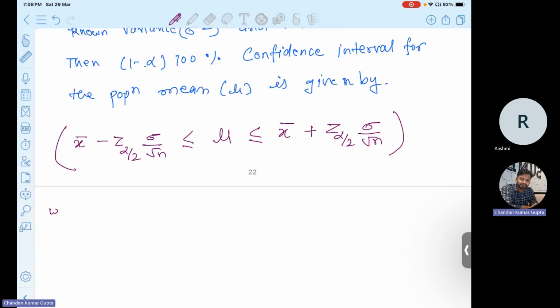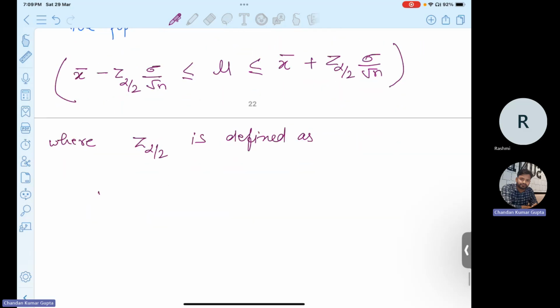Here z alpha by 2 is the upper quantile, and is defined as the value for which the probability that z is greater than z alpha by 2 is alpha by 2.